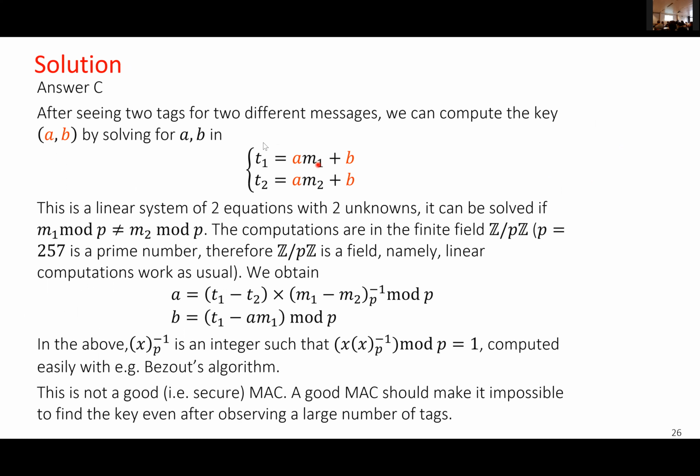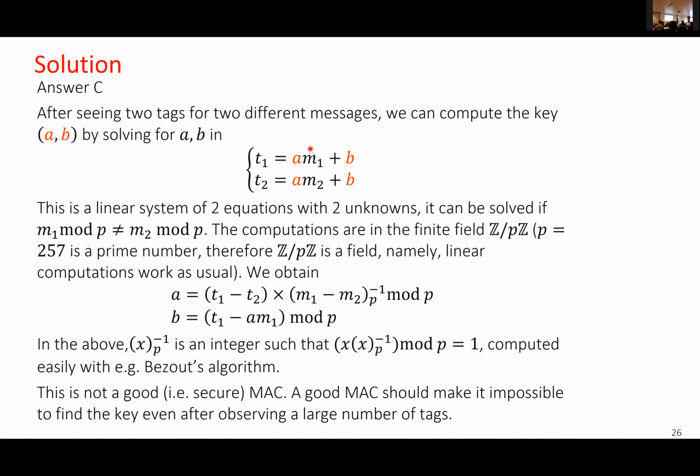Now you can say, well, yeah, but this is all modular arithmetic. Well, when you do modular arithmetic with respect to a prime number, everything is like the usual computations we do in MATLAB or linear algebra. So we can solve this system of equations by the standard way, and we obtain, for example, this formula here.